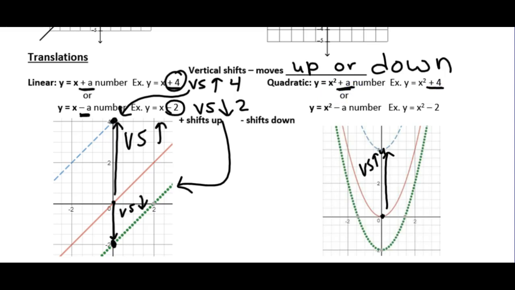If it is going down, we can tell because the vertex shifts from the origin, so it's vertically shifted down 2. We can also tell by the equation, because just like the linear, after the quadratic term we have a minus and then a number, and there it is, -2. So those are our vertical shifts, easy to tell from the picture and also easy to tell from our equation.